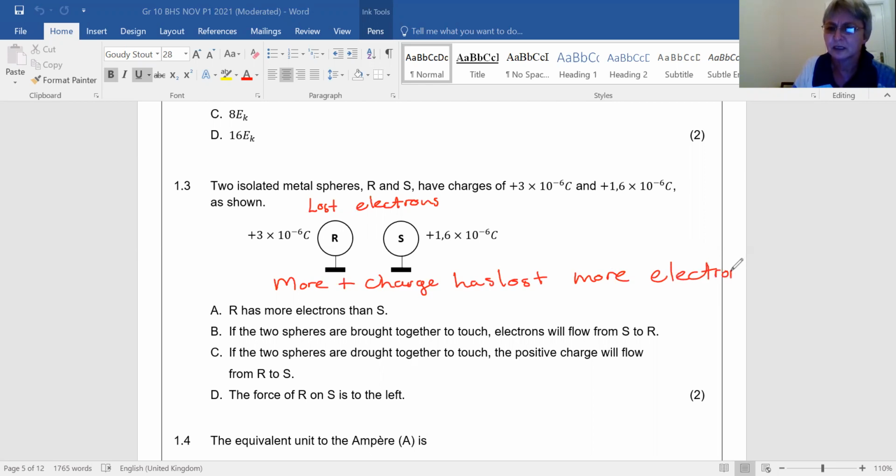So it's got less electrons. So between +3 and +1.6, +1.6 is the smaller positive charge. So it has more electrons.